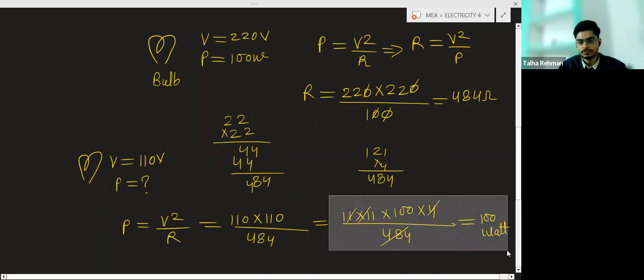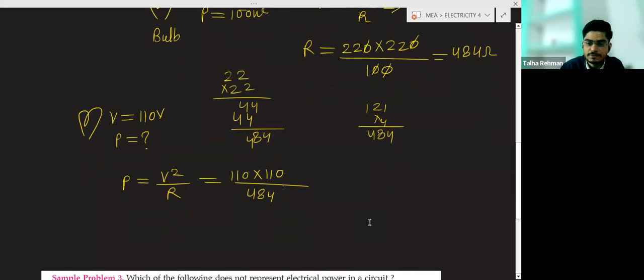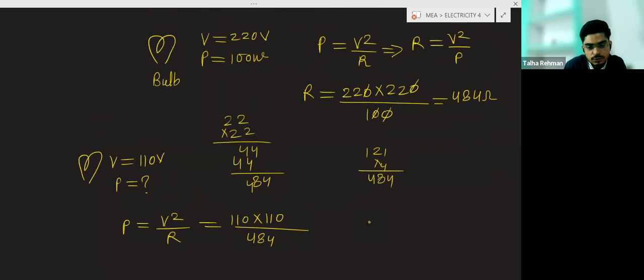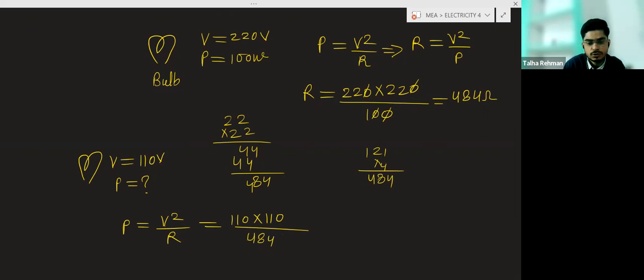Is it right or wrong? Okay, so we will cancel this. It will not be cancelled by 4, so we will cancel it with 2. It will be 55, it will be 242.